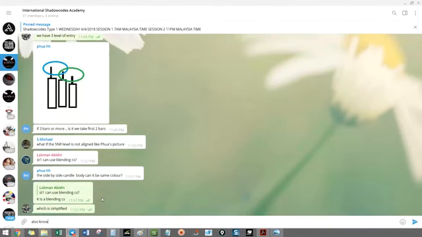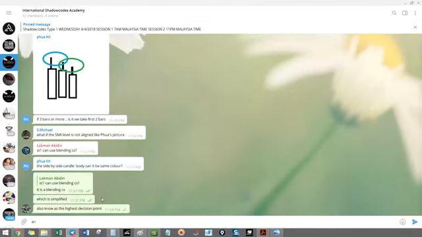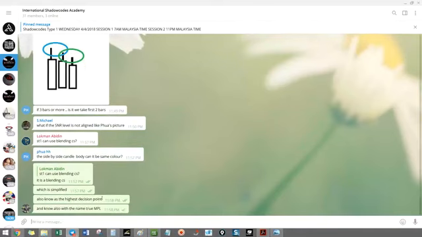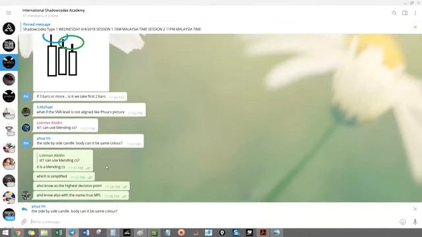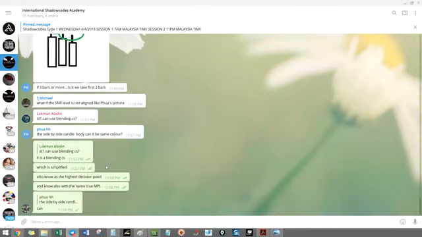Also known as the highest decision point, and known also by the name MPL. The side by side candle bodies can be the same color, if you can find one.